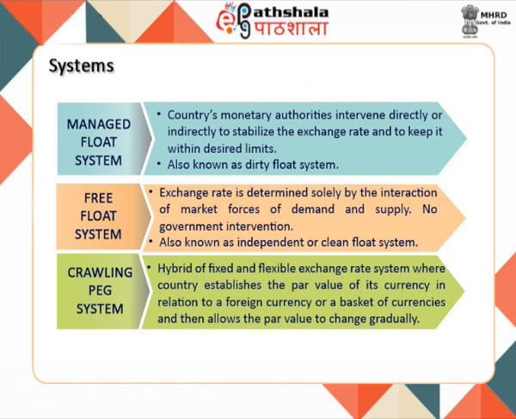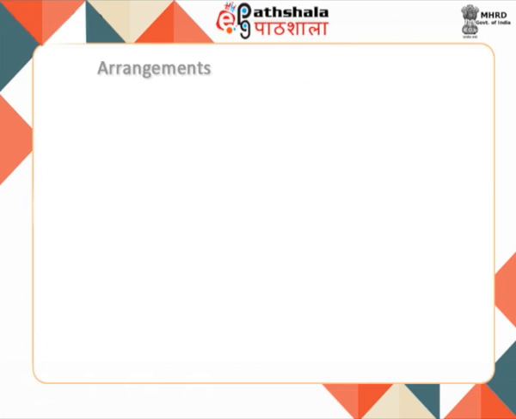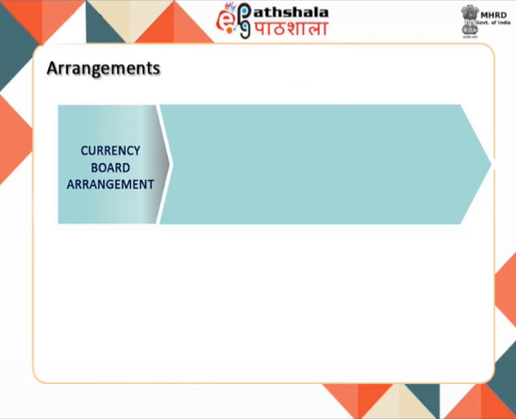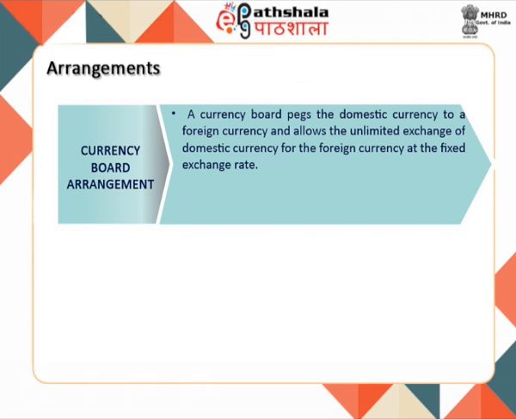Under currency board arrangement, a country has a currency board which pegs the domestic currency to a foreign currency and allows the unlimited exchange of domestic currency for the foreign currency at the fixed exchange rate.